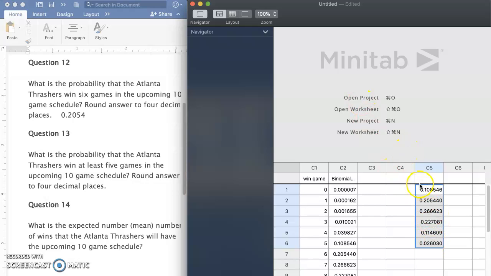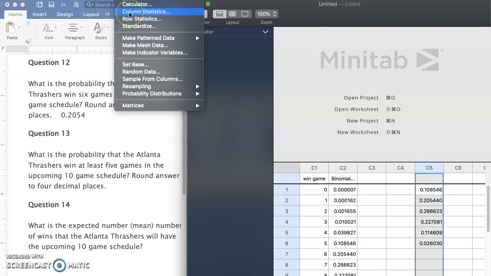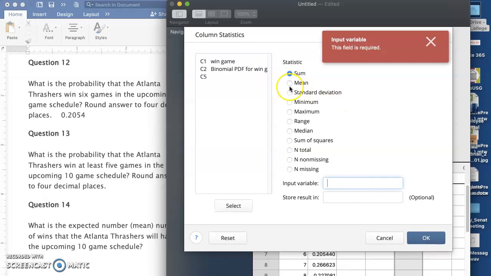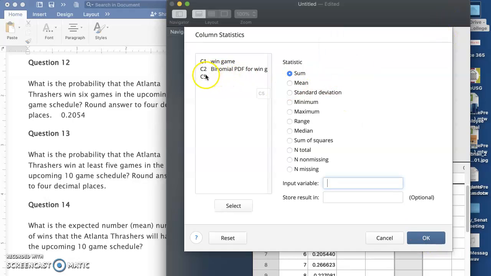And then what I do, you just need to total those up. In the videos, they show you just to add those up in your calculator. But what I'm going to do is just click on that column, and then I can tell my computer to calculate the sum of that column. Okay, so I'm clicking OK. It makes me put the column in, and remember I put them in column 5. And you don't have to put anything in store results. So I'm telling it to sum up column 5.